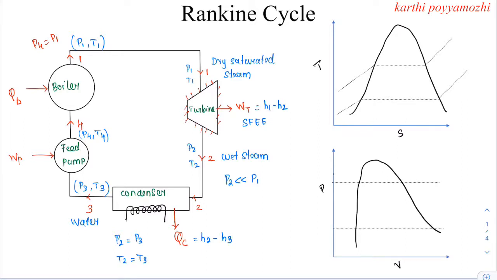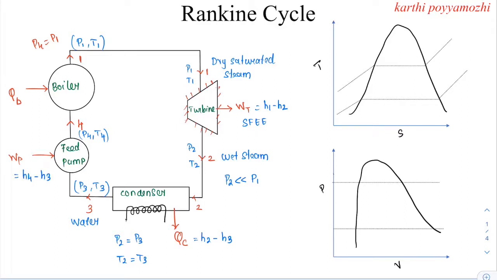Then this water is given to a feed pump where the pressure is drastically increased isentropically. That is, there is an isentropic compression process taking place in the feed pump, and for this compression a work WP is given to the feed pump, and the work WP is equal to H4 minus H3.